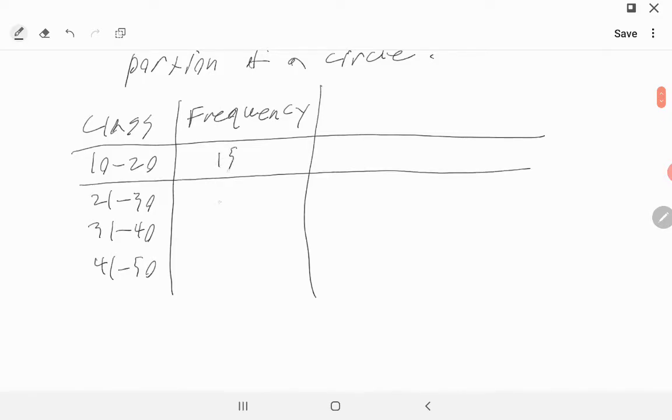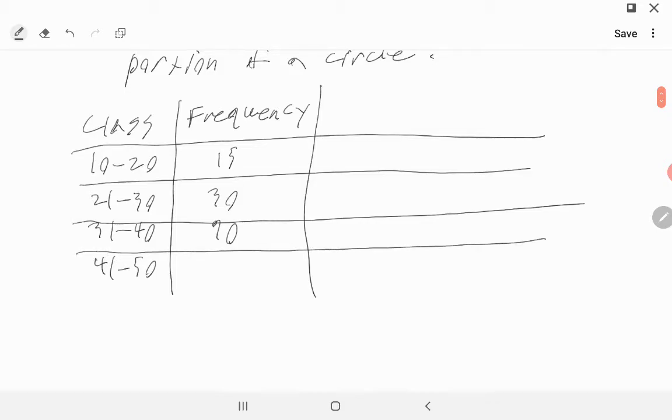So 15, 30, 90, and let's try 65. Whoops, too big. 45.